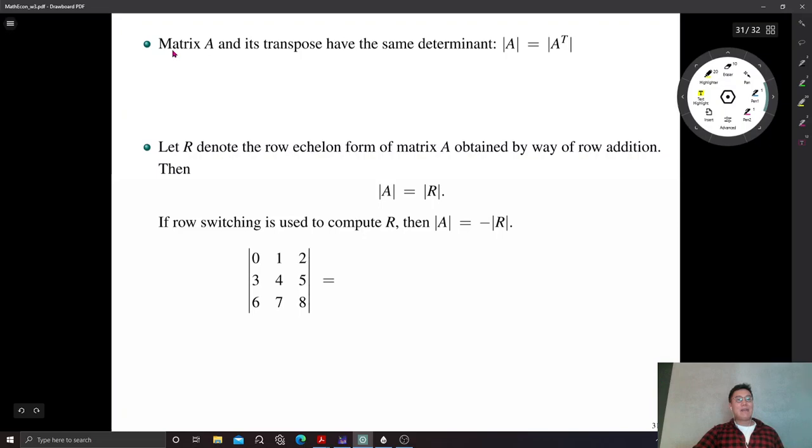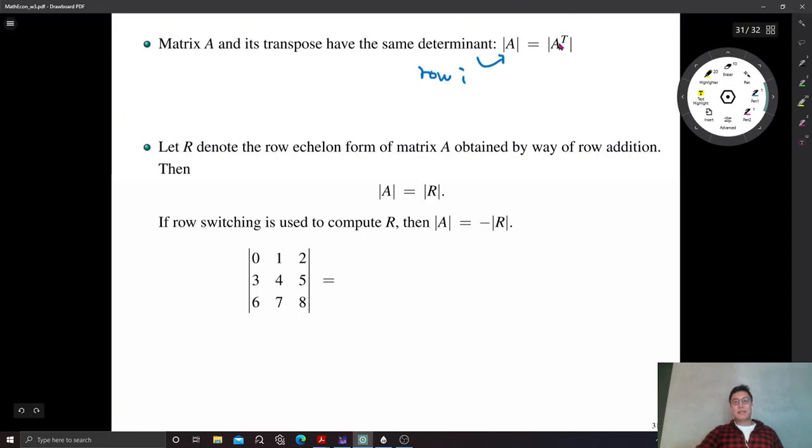Okay. And the fourth one is also easy to understand because a matrix A and its transpose have the same determinant, meaning that determinant is at least invariant to this matrix operation, transposition. So even though we take a transpose, we have the same determinants. Why is that true? Suppose that for the determinant of the original matrix A, we choose row i, and we do Laplace expansion by that row.